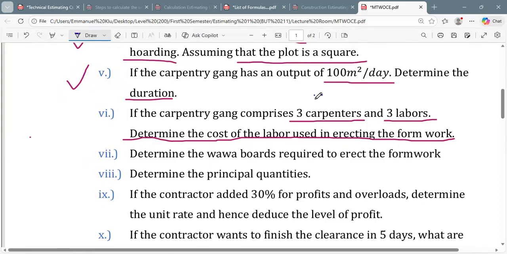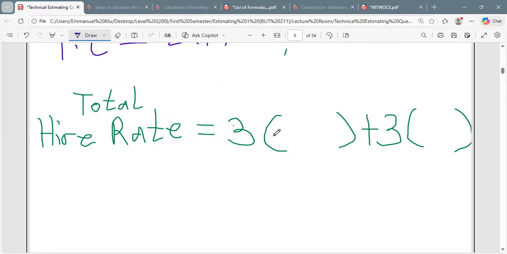So in this case, let's say that the carpenter will be taking 200 cedis in today's world, 200 cedis per day for a carpenter. And the laborer also takes, let's say, 150 Ghana cedis per laborer. So this person takes 200 for carpenter and 150 for the laborer.